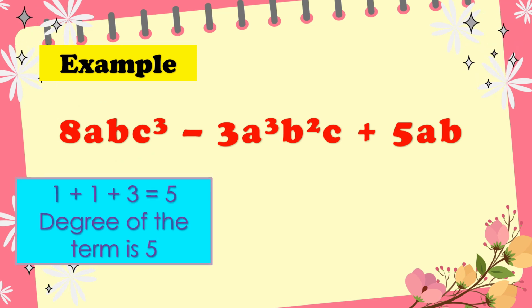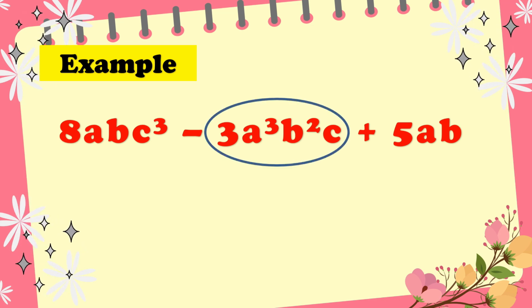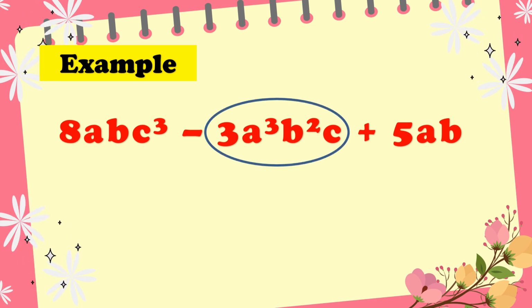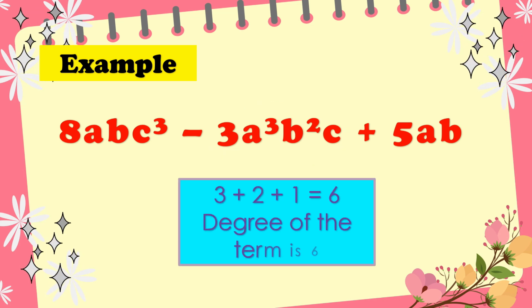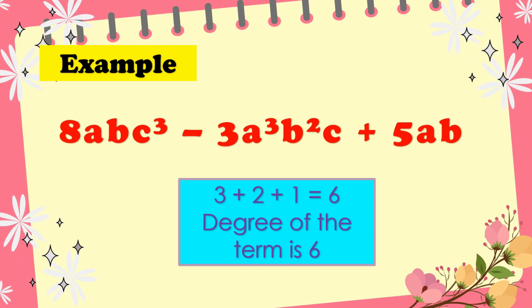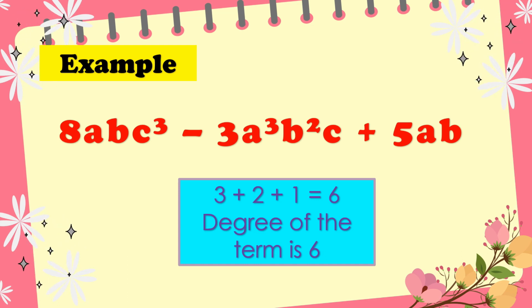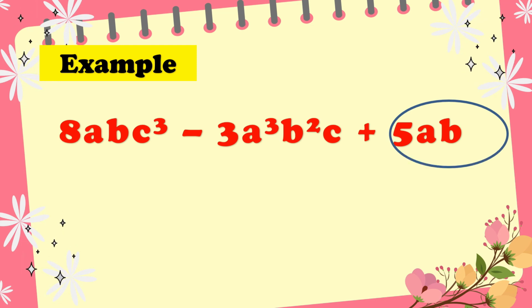So, 1 plus 1 plus 3 is equal to 5. Ang degree ng term na to ay 5. Negative 3a cubed b squared c. So, let us get the sum of the exponents. So, 3 plus 2 plus 1 is 6. Ang degree ng term na to ay 6.